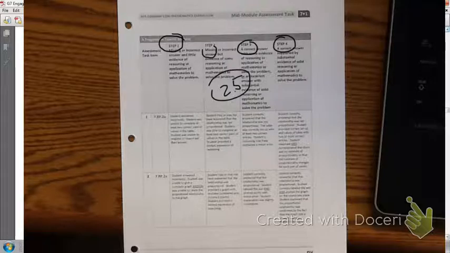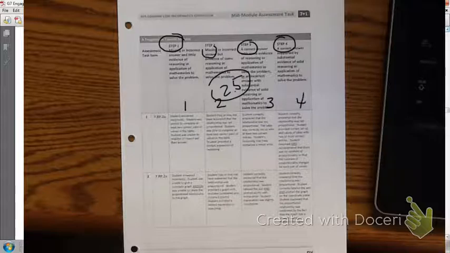Just to give you an example, here is question 1 on the module 1 mid-module assessment, and it gives you the criteria that the children have to meet to receive such a point. Here is 1, 2, 3, and 4.